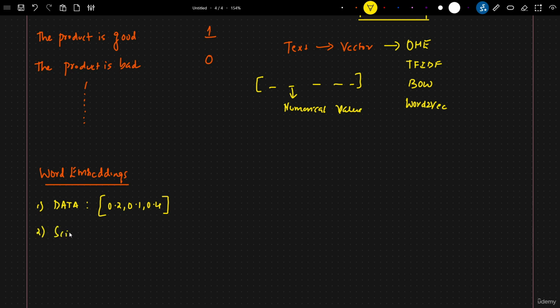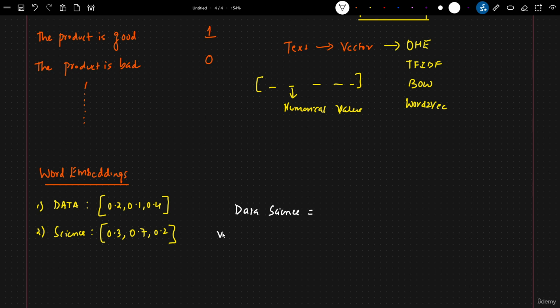Let's consider there is another word called science, as in data science. Let's represent this word in vectors too. Now, if I combine data science together, the entire vector will change.